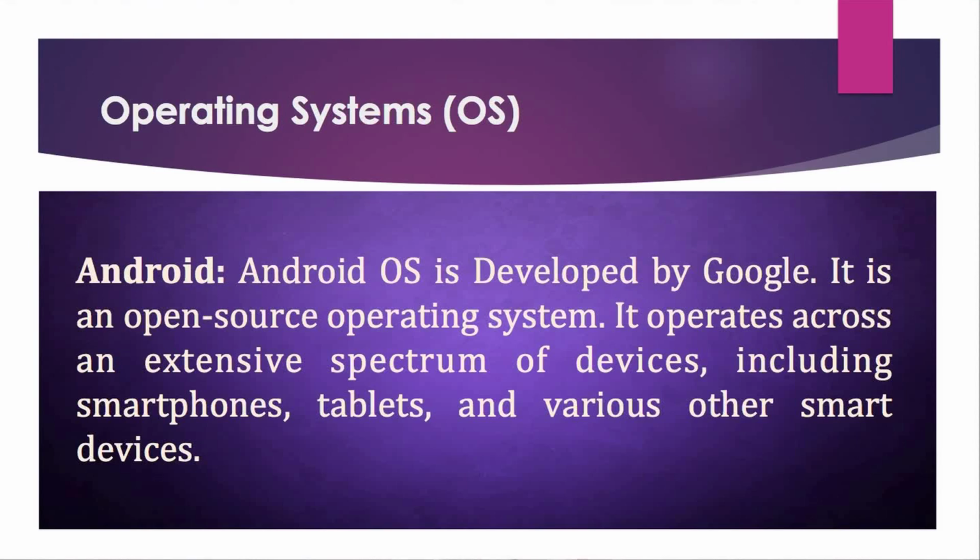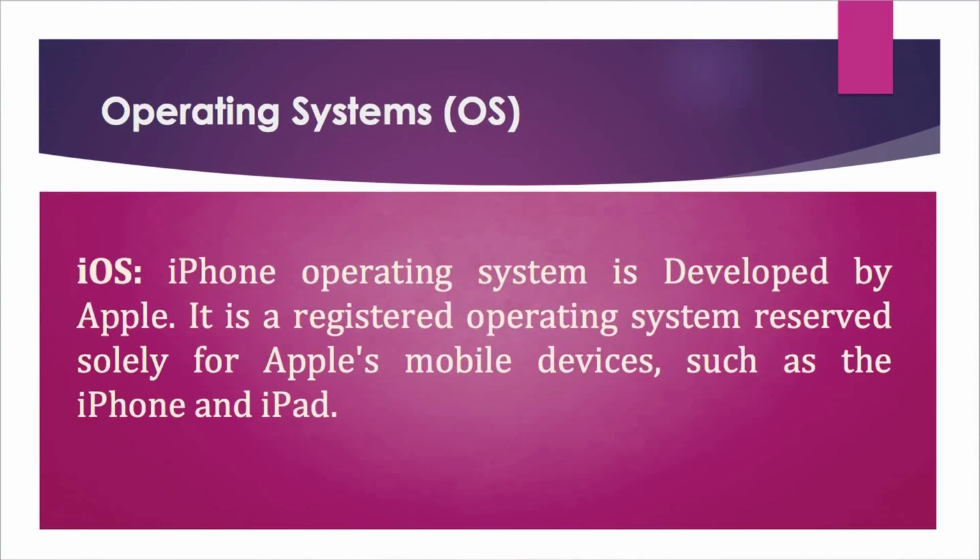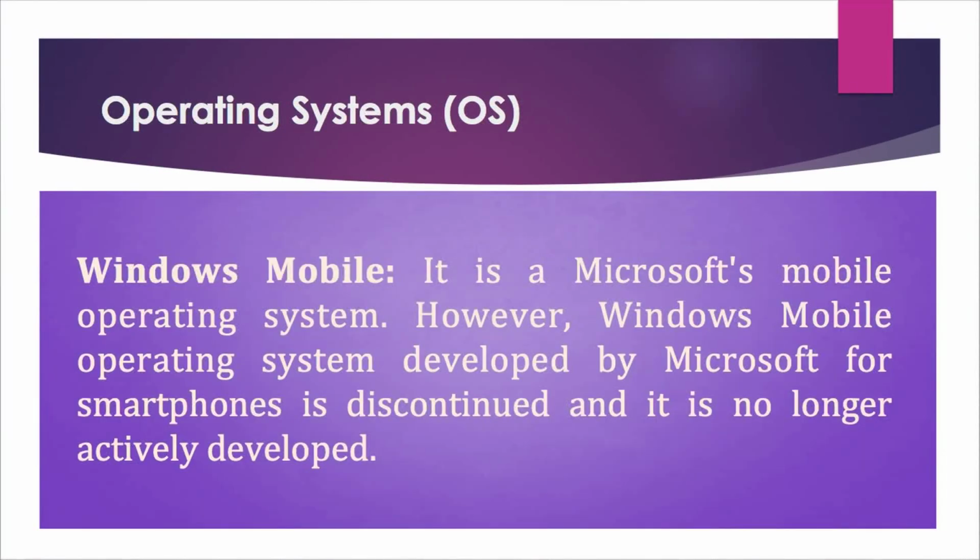It operates across an extensive spectrum of devices, including smartphones, tablets, and various other smart devices. iOS, that is iPhone operating system, is developed by Apple. It is a proprietary operating system reserved solely for Apple's mobile devices such as the iPhone and iPad. Windows Mobile is a Microsoft mobile operating system.